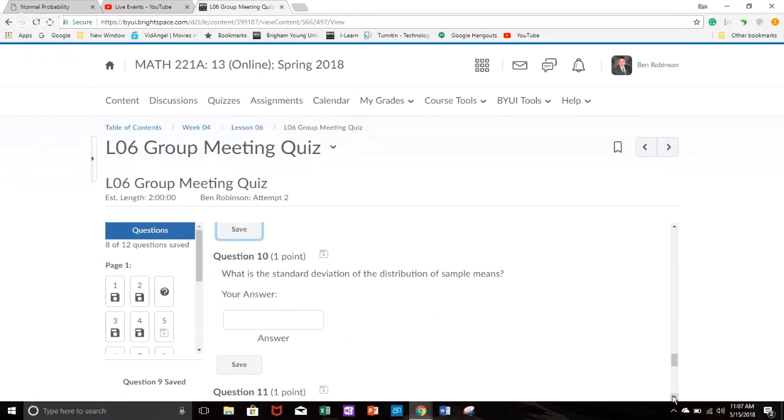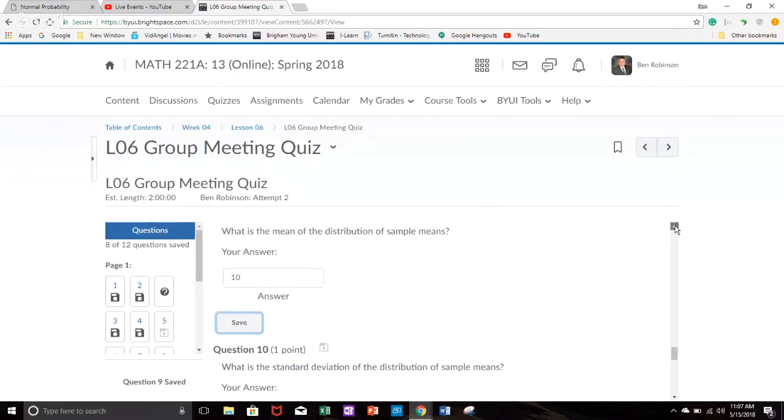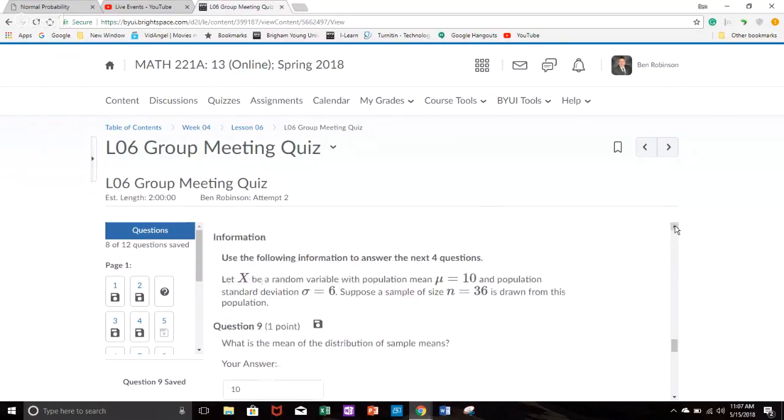What is the standard deviation of the distribution of the sample means? The standard deviation sigma is 6. And for the distribution of sample means, do you remember the formula? Yes, I have it here.